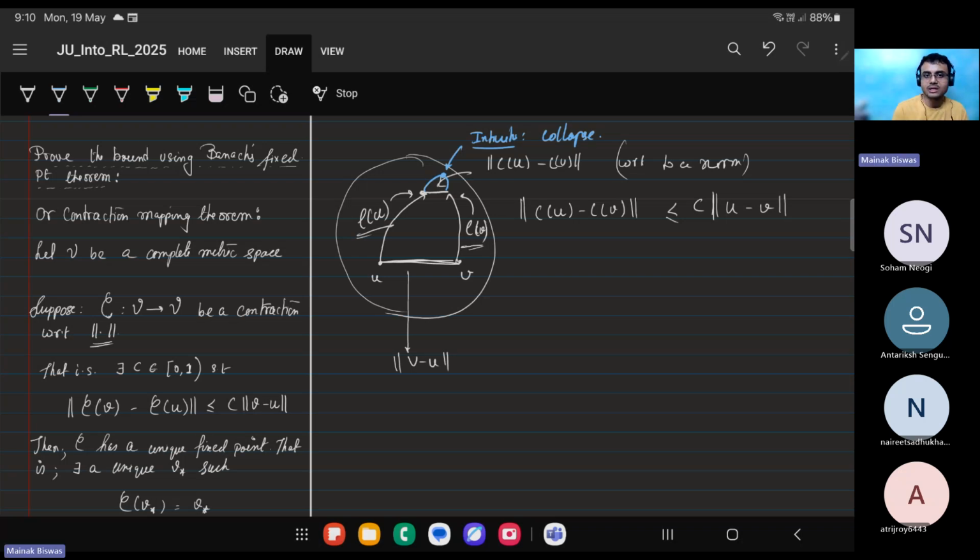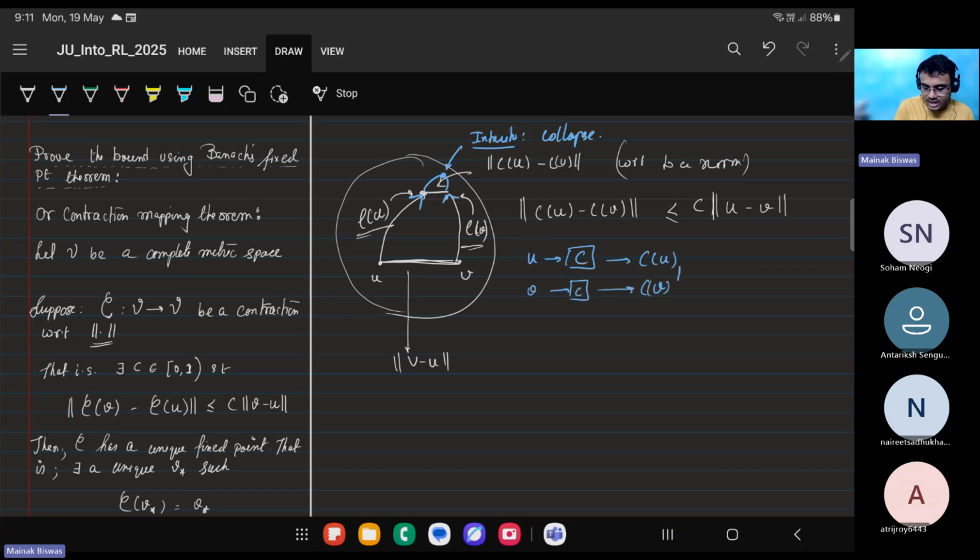All I'm trying to say is that when you pass vectors through this contraction operator C, they become closer to one another. U is passed through C to get Cu, V is passed through C to get Cv.